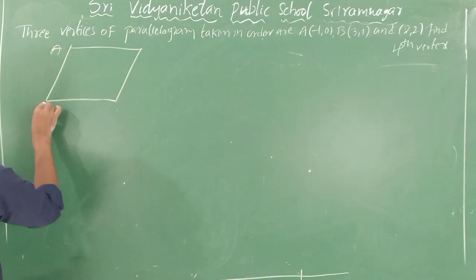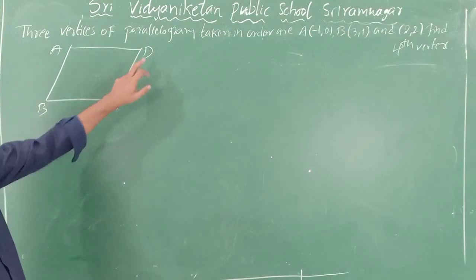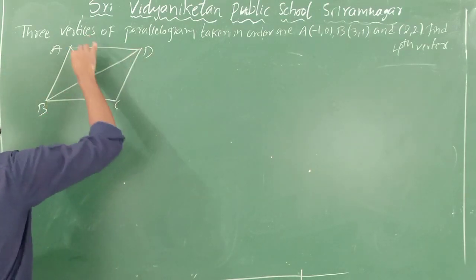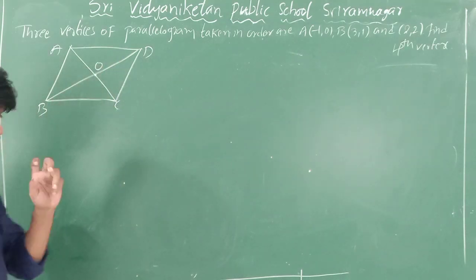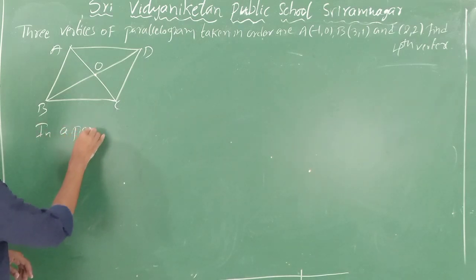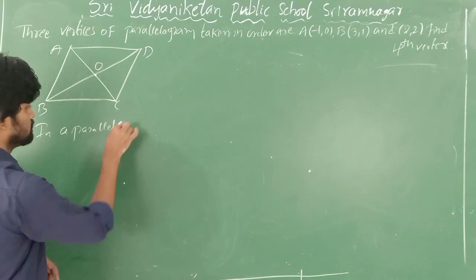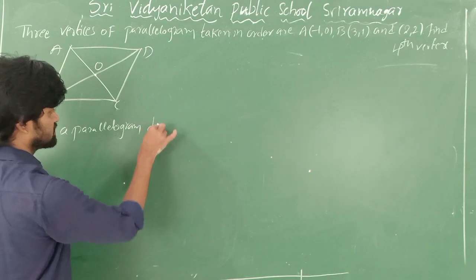Name it A, B, C, D. A, B, C were given, D we have to find. Draw the diagonals. These are things you have to write. In a parallelogram, diagonals bisect each other.